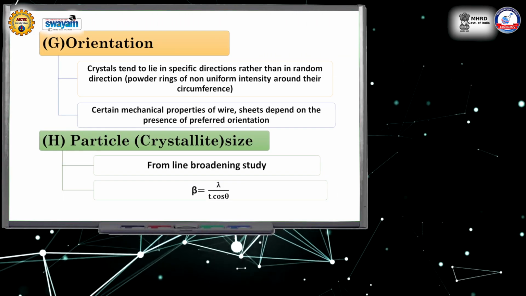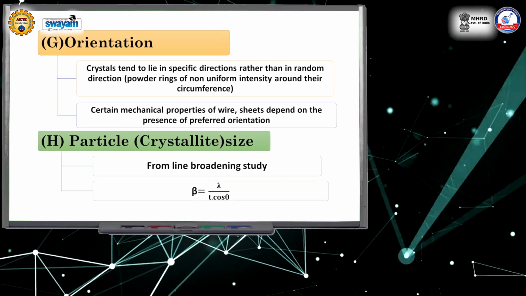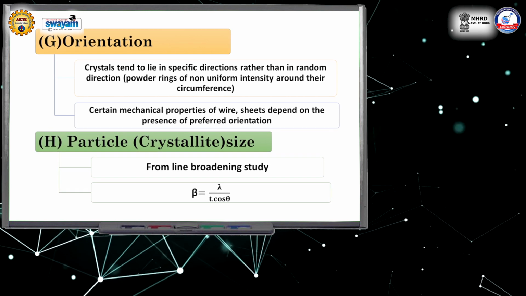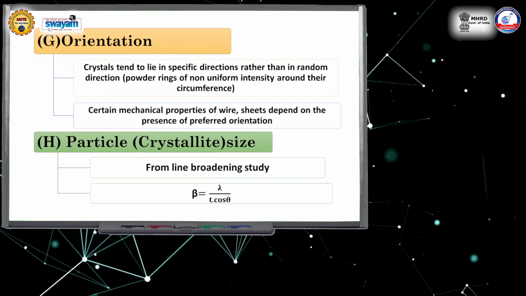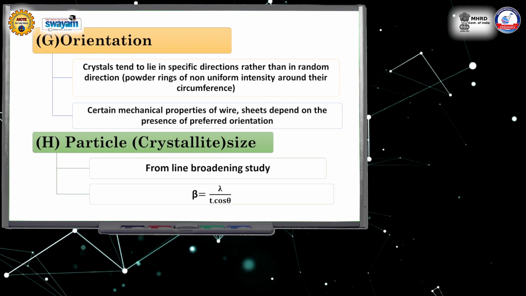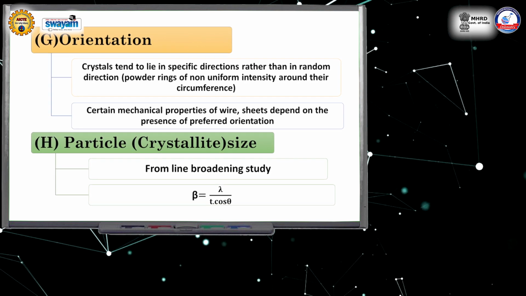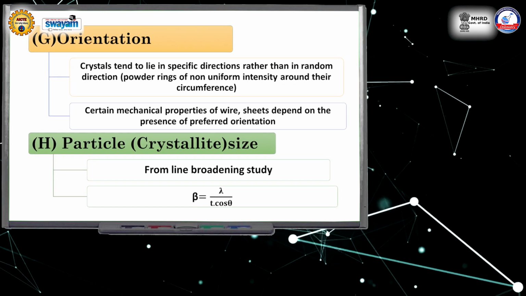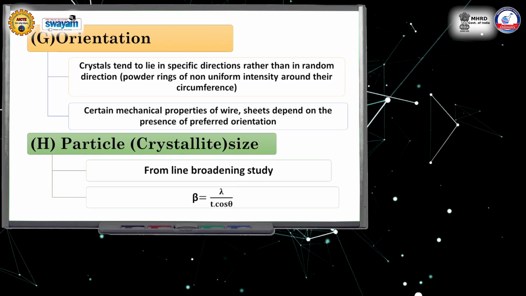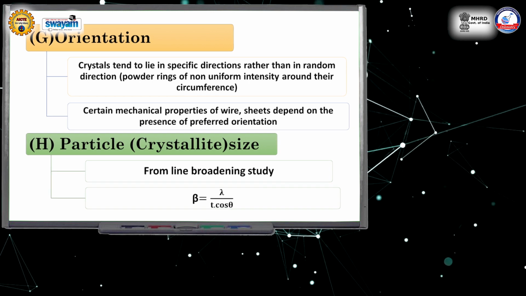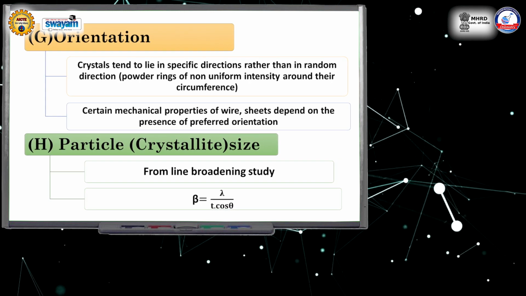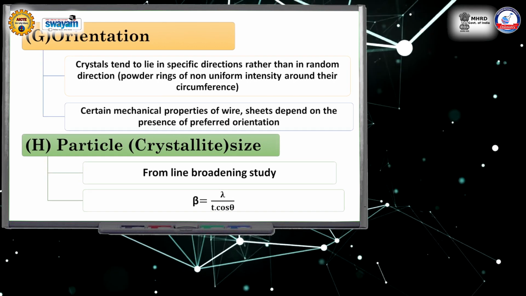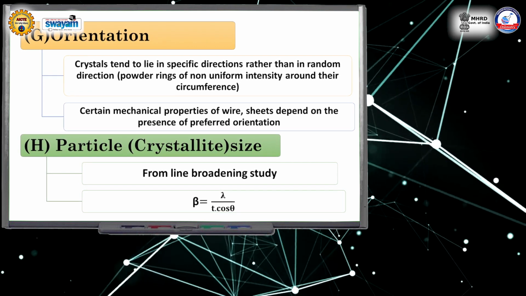So, you will see that the 0 L reflections will be very intense, and so you can say that this material has a layered kind of structure, because they have a tendency to lie along certain directions, and this is reflected in the intensity of certain particular HKLs, which gives rise to what is called preferred orientation effects, and that we can study using X-ray diffraction.